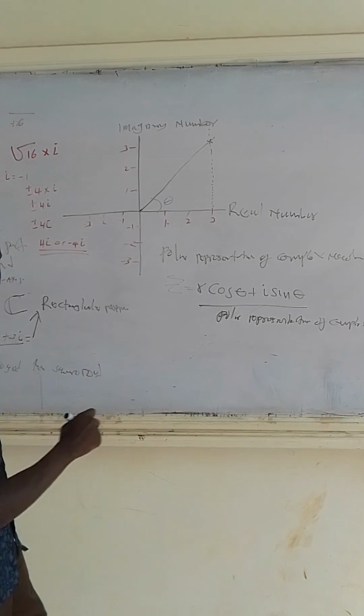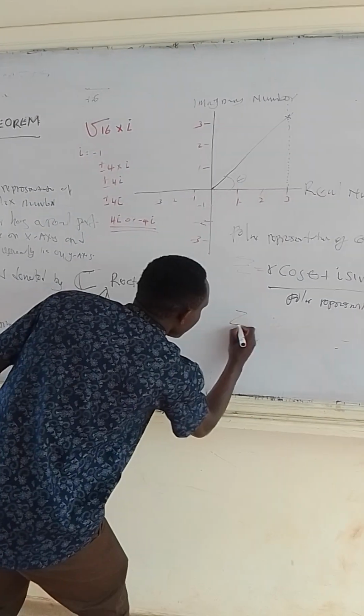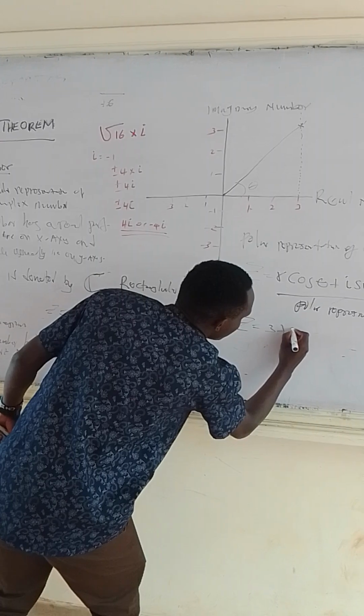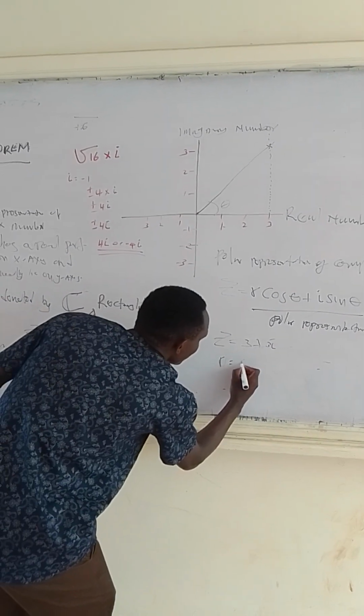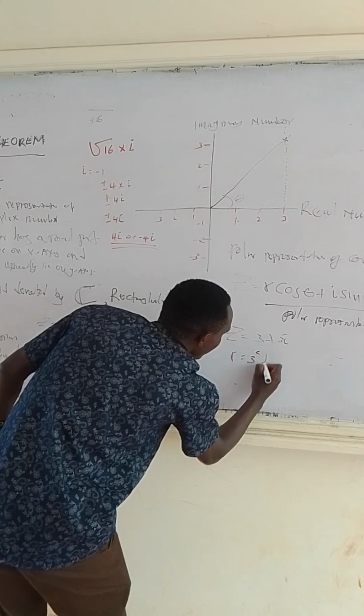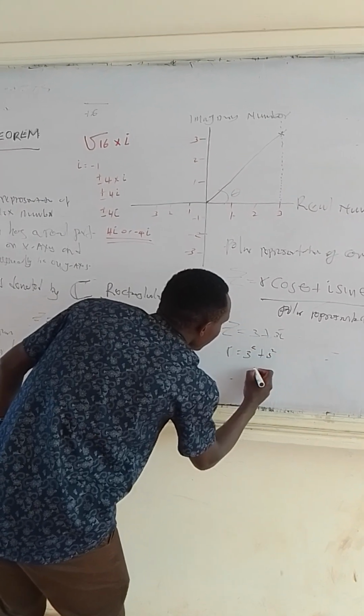For z equal to 3 plus 3i, to get r, r is the square root of 3 squared plus 3 squared.